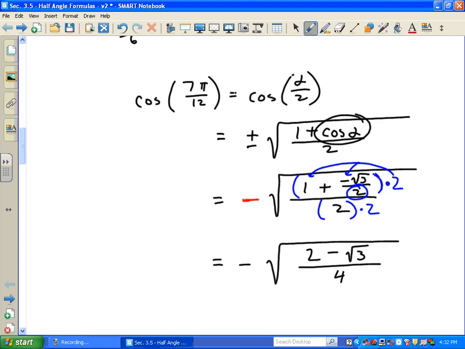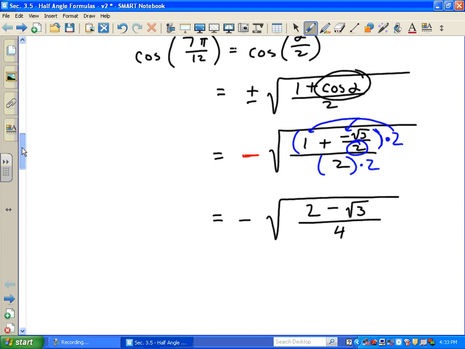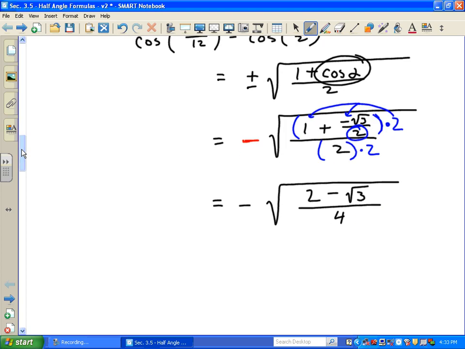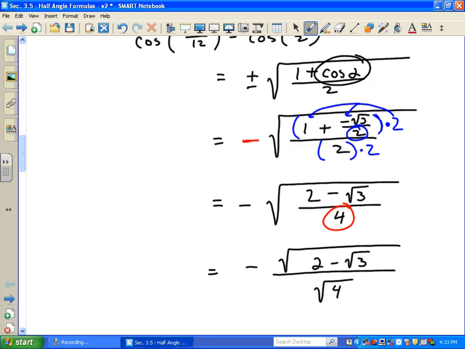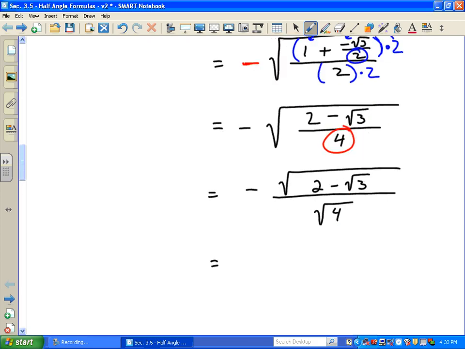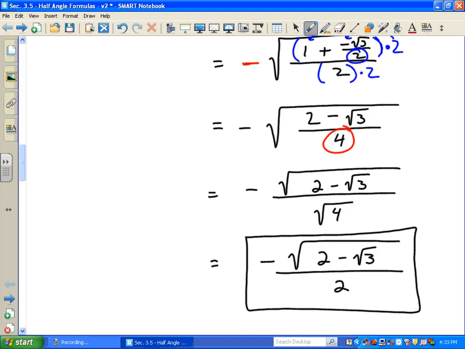Now, there are different ways to reduce this. This particular problem is mathematically not going to get reduced all of the way, but here's what I will tell you. If in the denominator you have something that's a perfect square, you can go ahead and break this up as the root of the top over the root of the bottom, and then you can reduce that bottom number. And so you would have negative square root of 2 minus square root of 3, and then all over 2. I will accept that as my final answer.